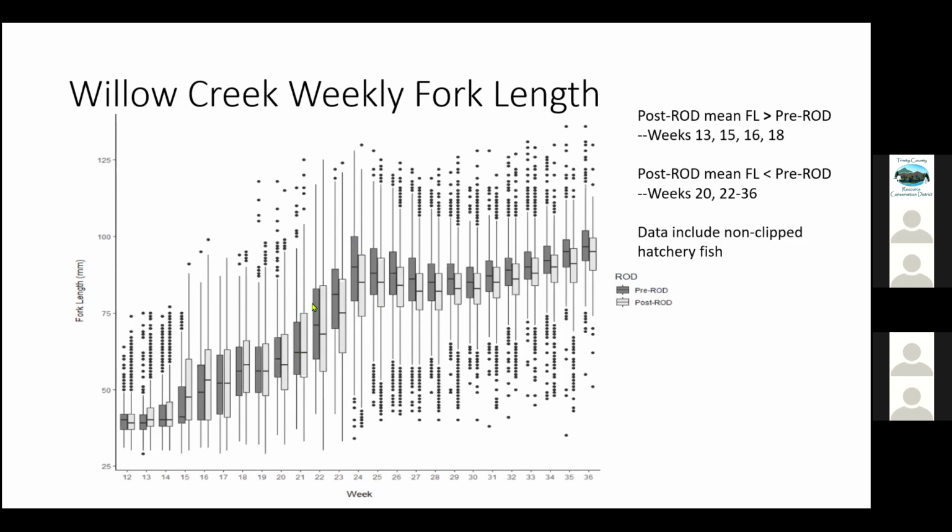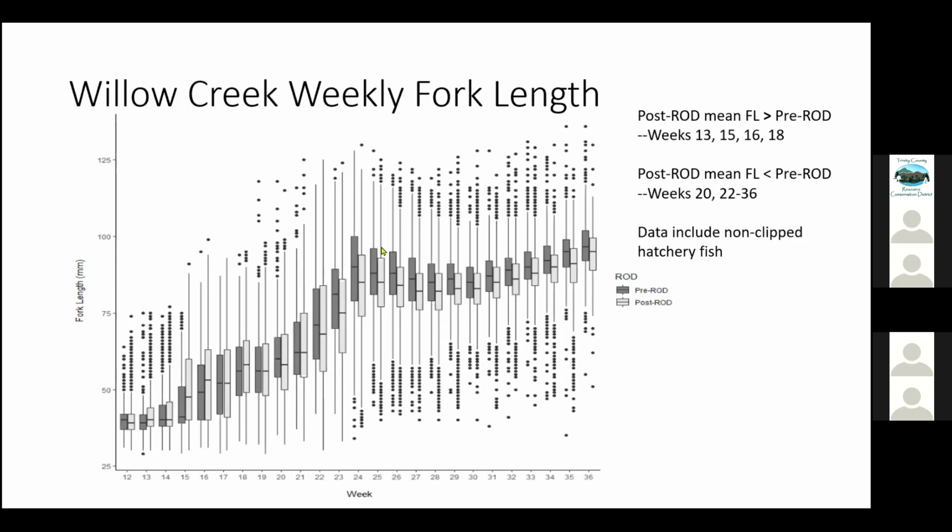Hatchery fish are released basically the first week in June throughout the entire time period. So it happens right around here. This bump up is really the arrival of hatchery fish, and then that wave of hatchery fish comes down in a fairly short period of time and peters out.